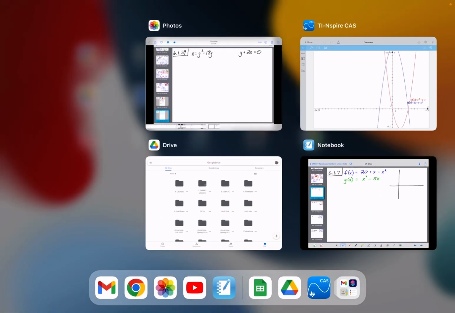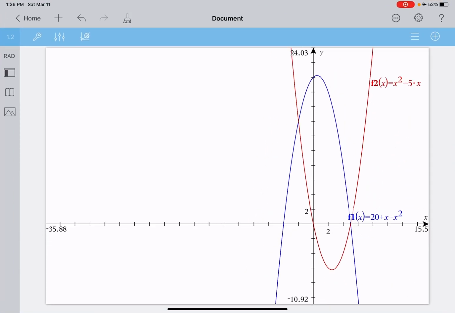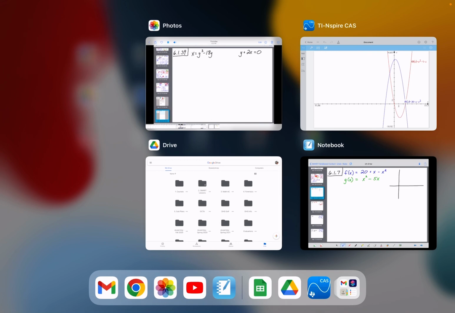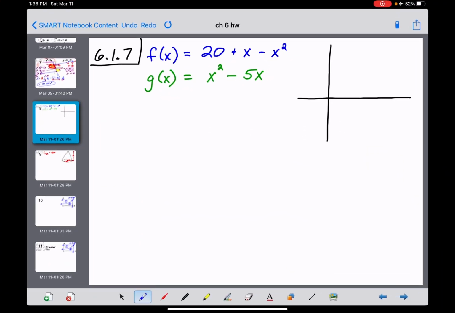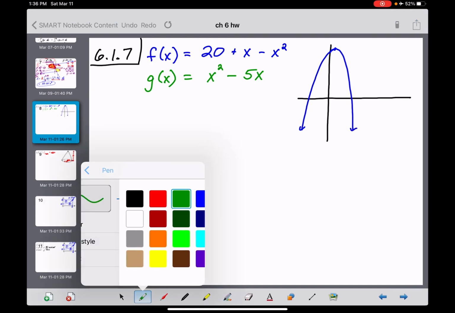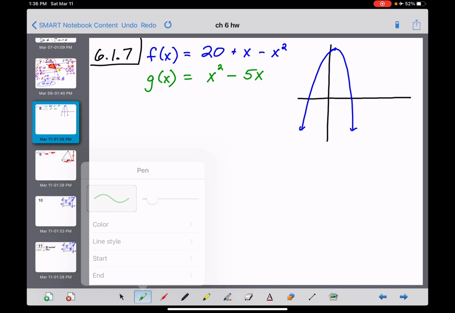Let me take a look here real quick. That blue parabola was just a little bit off center. So I'm just going to get a rough sketch of what was going on here. Its vertex looked like it was up here somewhere, and that downward opening parabola looks like it's going to do something like that, whereas the green parabola was opening upward and looked like it passed through the point 5, 0 as well.